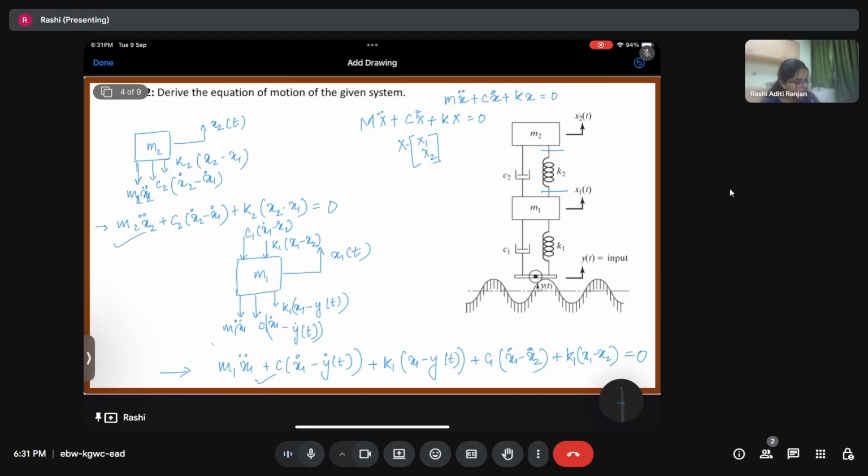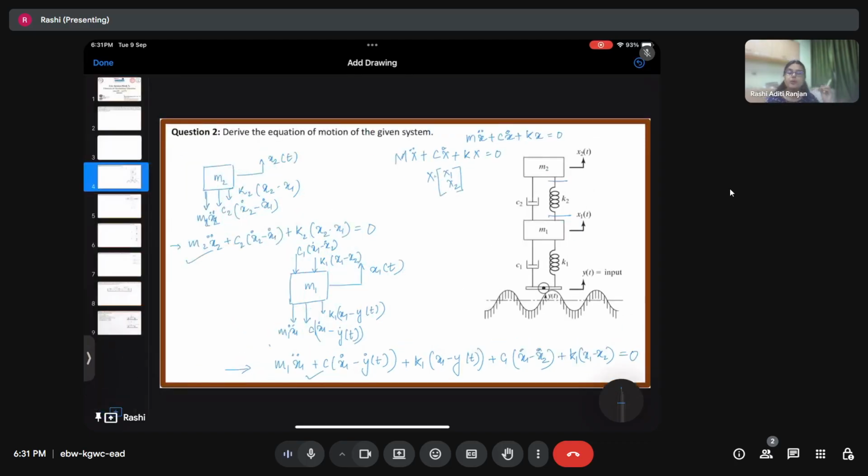So what we can do is take the terms related to y on the right hand side, and then write it in terms of the generalized force.